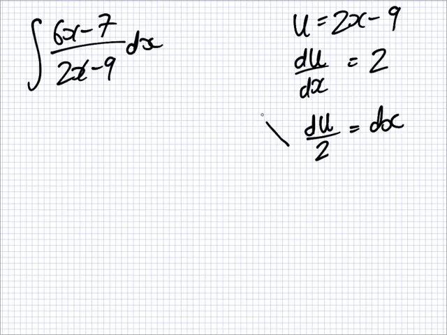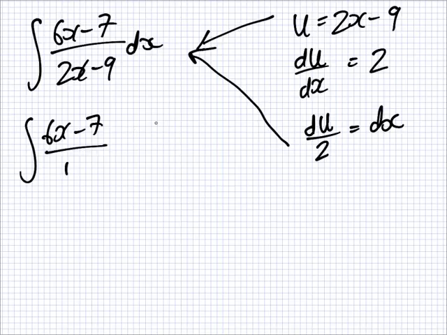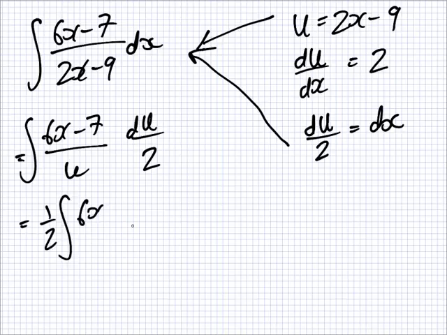So I can go back here with this one and with this one, and I get 6x minus 7 over u, du over 2. So I get a half, 6x minus 7 over u du.